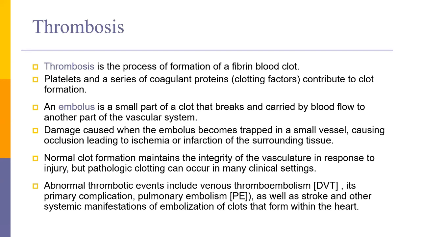However, it becomes pathologic when it happens in the wrong place and at a wrong time. So abnormal thrombotic events, which are our topic today, include venous thromboembolism and its primary complication, pulmonary embolism, as well as stroke and other systemic manifestations of embolization of clots that form within the heart.